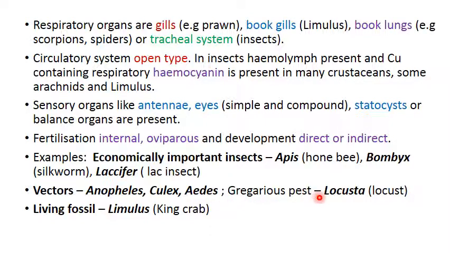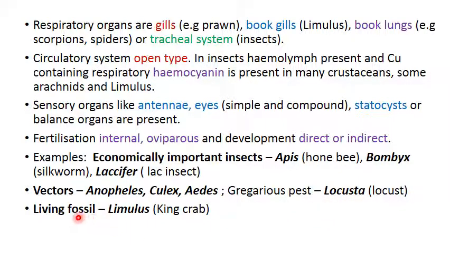In gregarious pests, one example in your NCERT book is Locusta, the locust. Locusts come in large numbers, and within half an hour can destroy large paddy fields, and they cause destruction on a large scale. So it's very difficult to eradicate them once they set on the path of destruction.